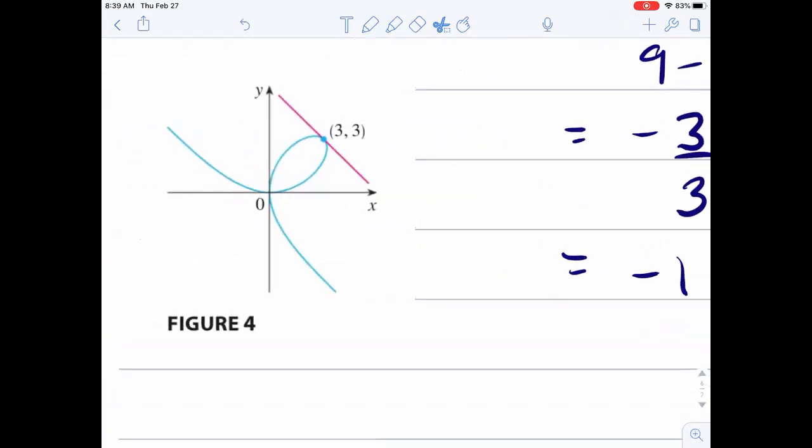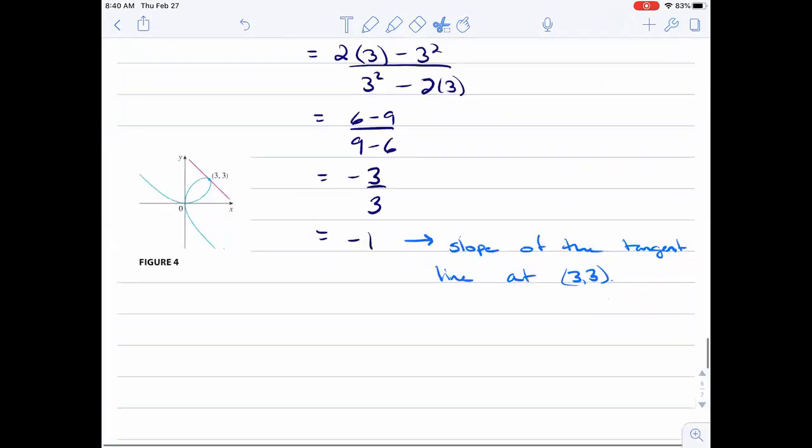So the Folium of Descartes, it's not a circle. So at 3, 3, the slope here looks like it might be -1. That makes sense, and that's what we found.